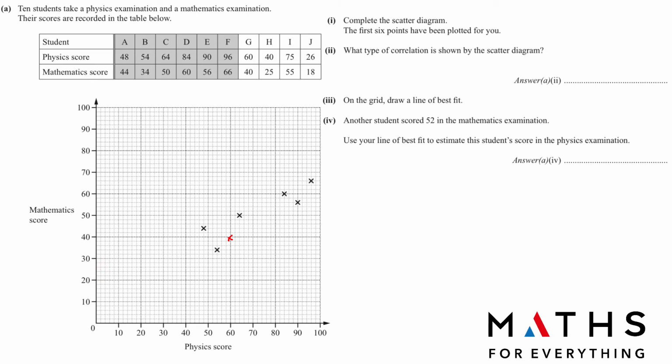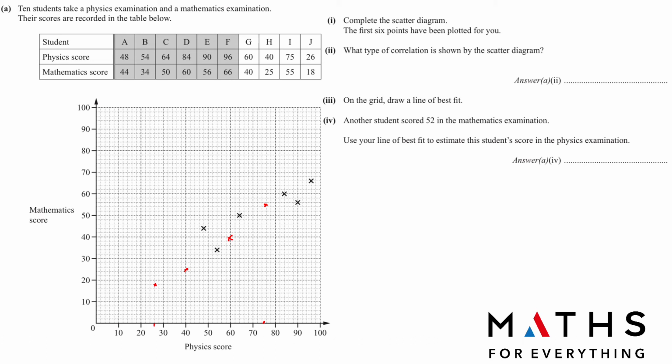So 40 and 25, it will be somewhere here. And then 75 and 55, same here, this is 75 and 55 will somewhere be here. And the last one, when it is 26, this is 26 and maths is 18 here. So we have plotted the points.